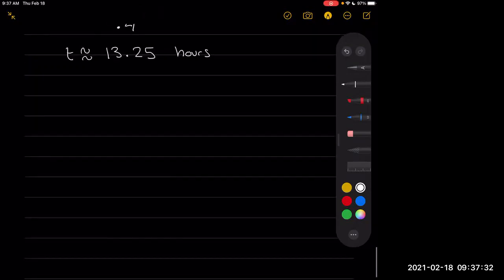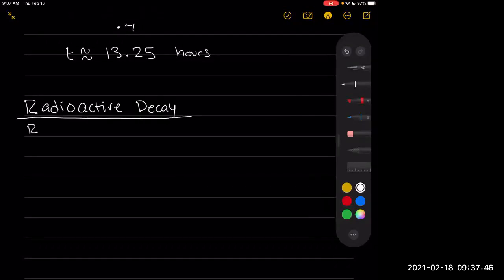But from here, we're going to move on to another type of model, which is radioactive decay. Radioactive materials decay by emitting radiation.